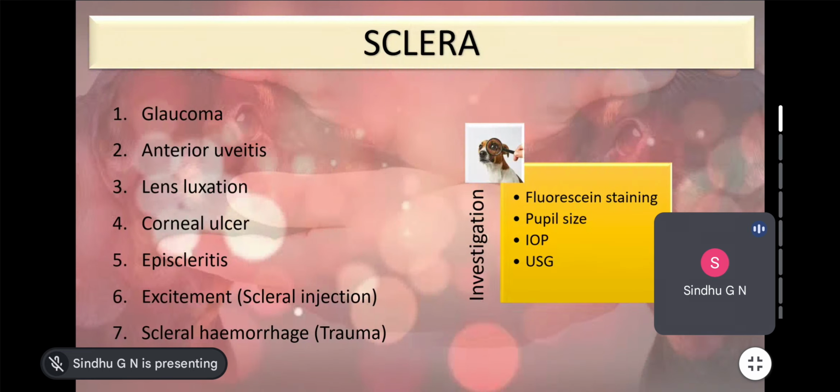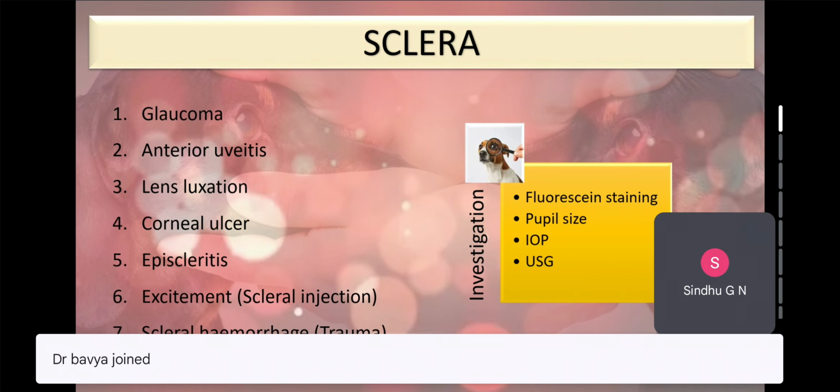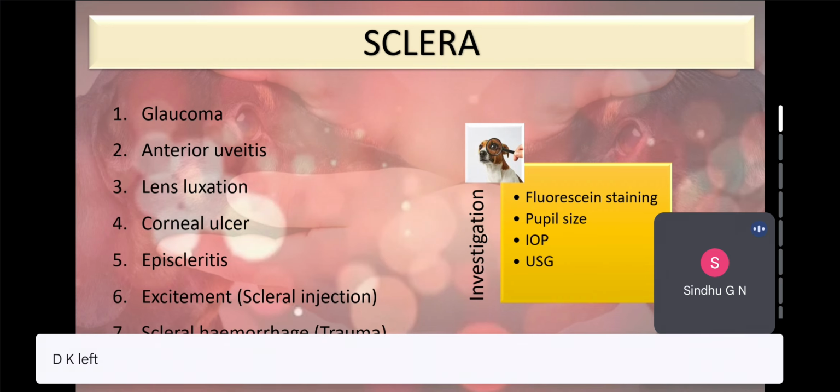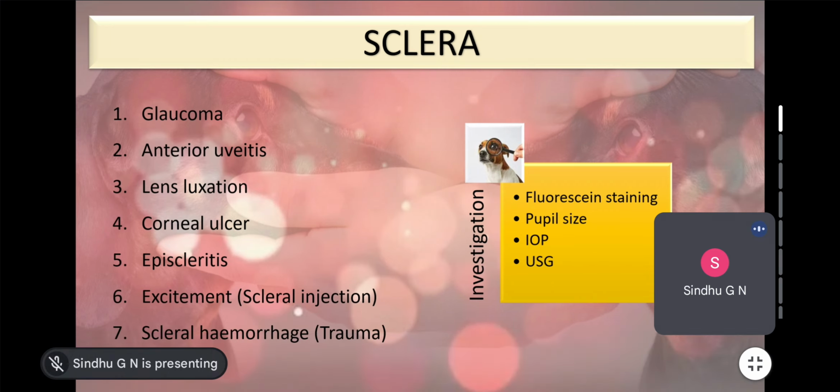Then coming to redness of sclera. Most of the time, redness of sclera is not a primary disease. It is a symptom of something else happening inside the eye. Most common reasons are glaucoma and anterior uveitis. We will see them later. Then lens luxation, that can eventually cause glaucoma. Corneal ulcers, that can eventually cause anterior uveitis.